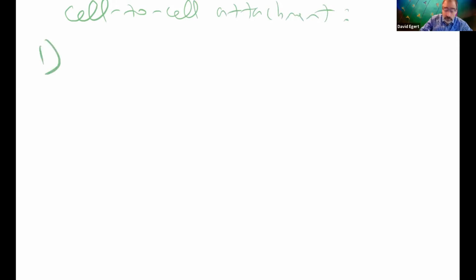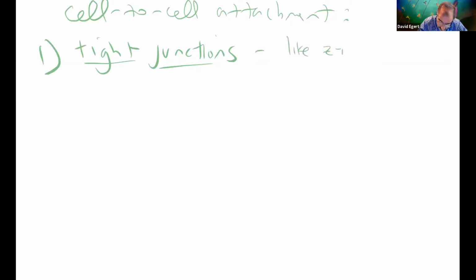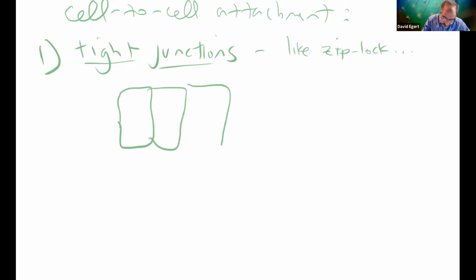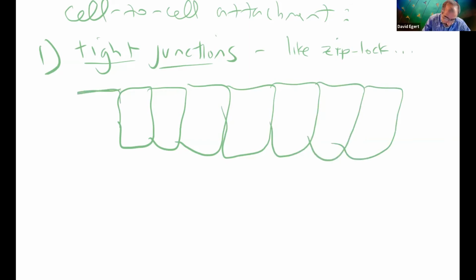One version is called tight junctions. Again, I think of them, you were talking about Ziplocs. These are kind of like Ziplocs. So when we talked about the transepithelial transport, hopefully all of you totally understand this. If you do not understand all the details of this, you need to make sure you get up to speed on it.